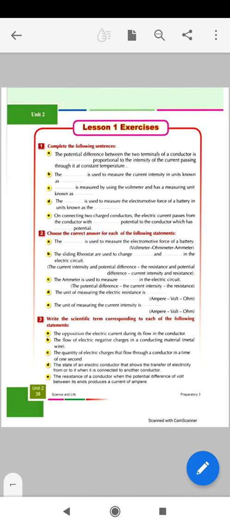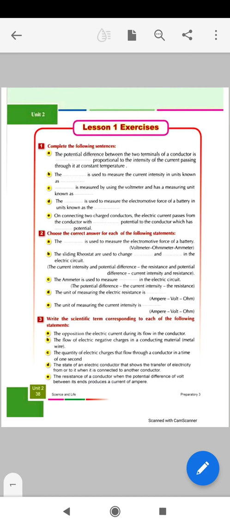D: the voltmeter is used to measure the electromotive force of a battery in a unit known as volt. Electromotive force is like potential difference. E: on connecting two charged conductors the electric current passes from the conductor with high potential to the conductor with low potential.